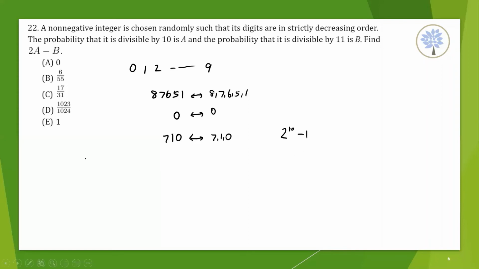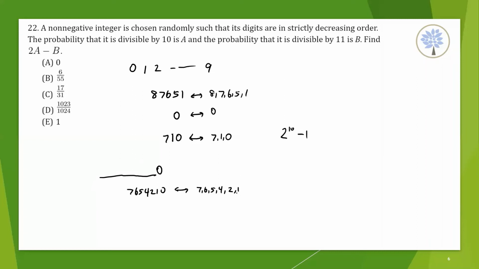So now let's consider the non-negative integers of this form that are divisible by 10. A number is divisible by 10 if and only if it ends in a 0. If we consider a similar process, we can correspond non-negative integers whose digits are in strictly decreasing order and whose last digit is 0 with a set of digits from 1 through 9.